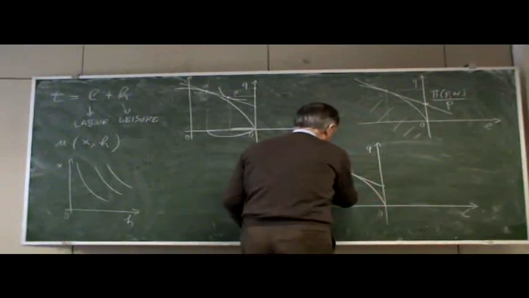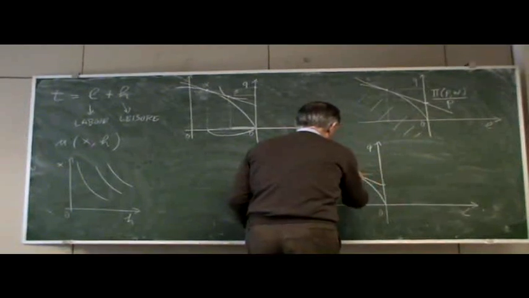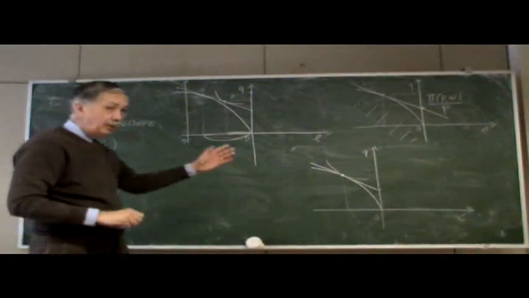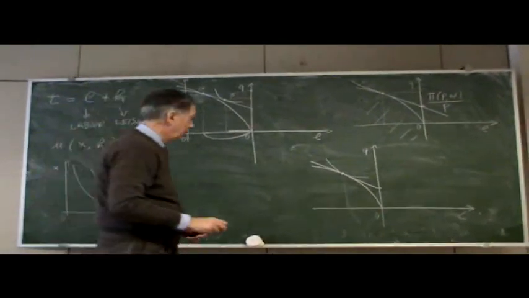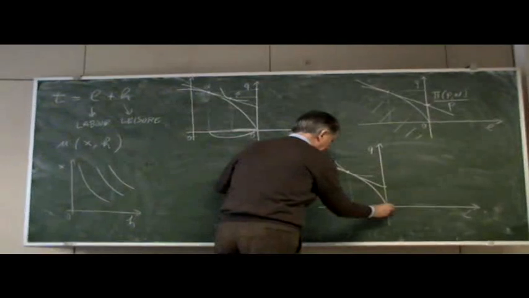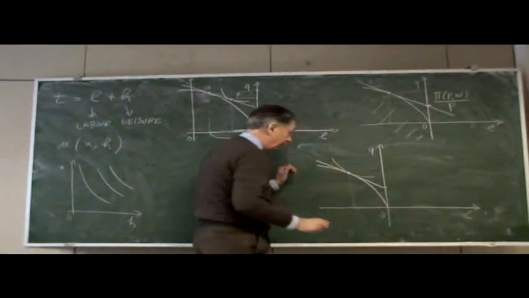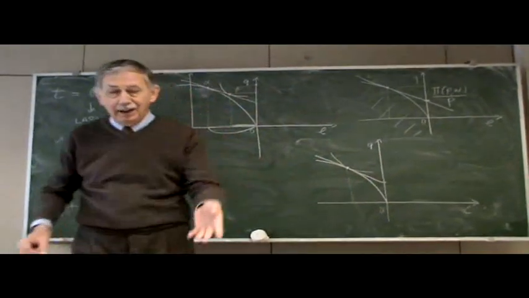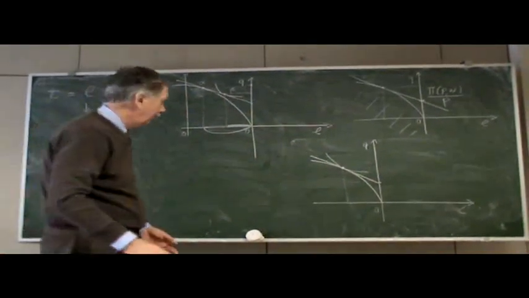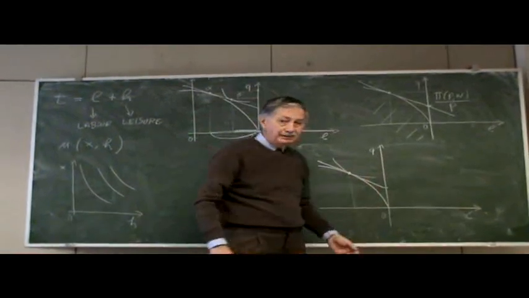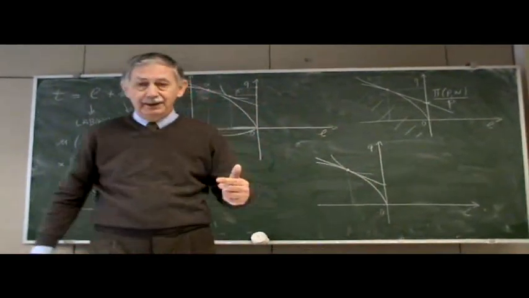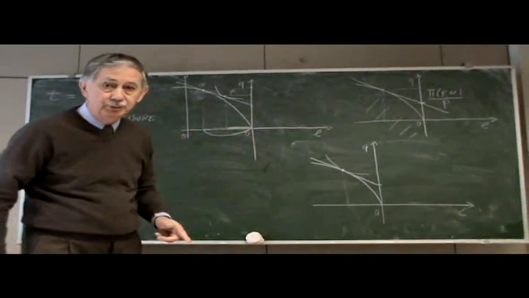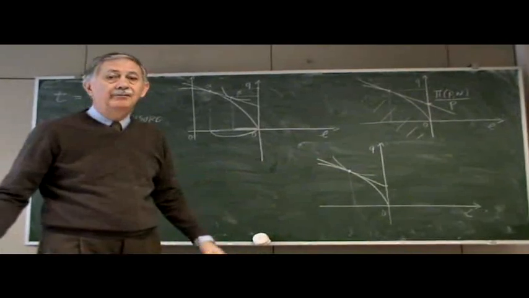And suppose that the indifference curve of the consumer is tangent exactly at this point. In this case, you have equilibrium, because the optimal quantity of labor which is demanded by the firm is equal to the optimal quantity of labor which is supplied by the consumer. And the same thing happens for the produced good, the consumption good. So there is equilibrium on every market.